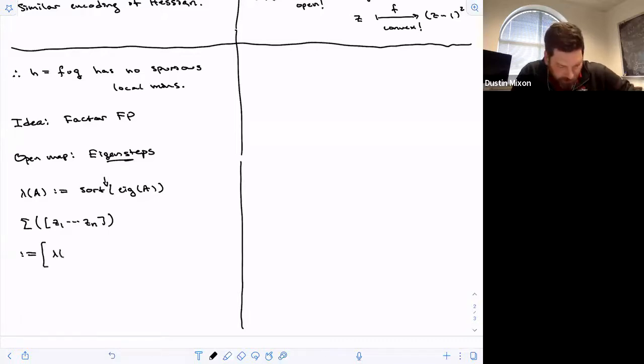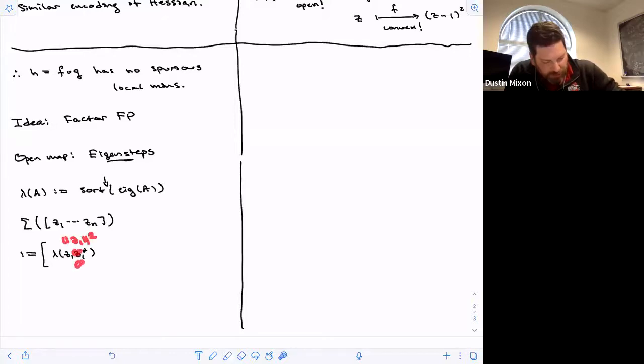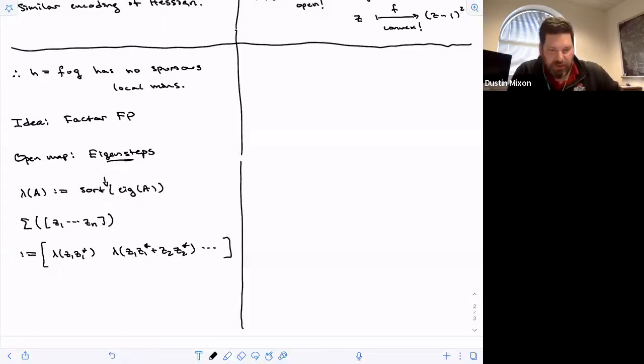The first column is the eigenvalues of the outer product of the first column with itself. So the first entry is the norm squared of Z1, and the other entries are 0. For the next column, I take Z1 Z1 star plus Z2 Z2 star, and take the eigenvalues of that. And I keep doing that with all these partial sums of outer products.